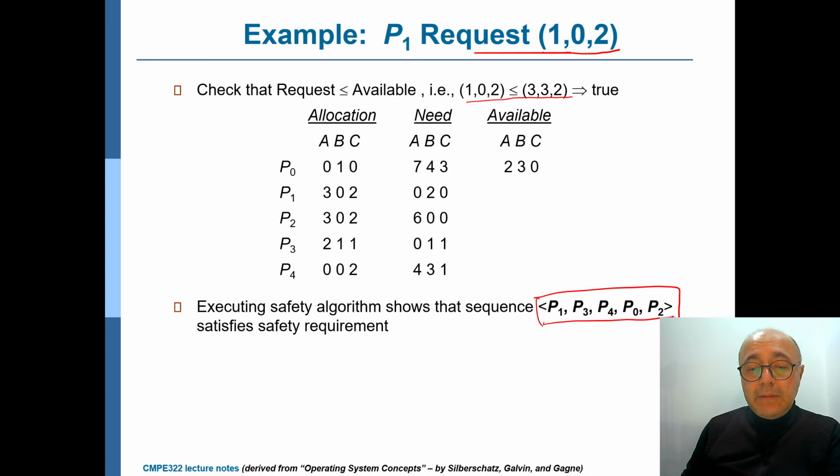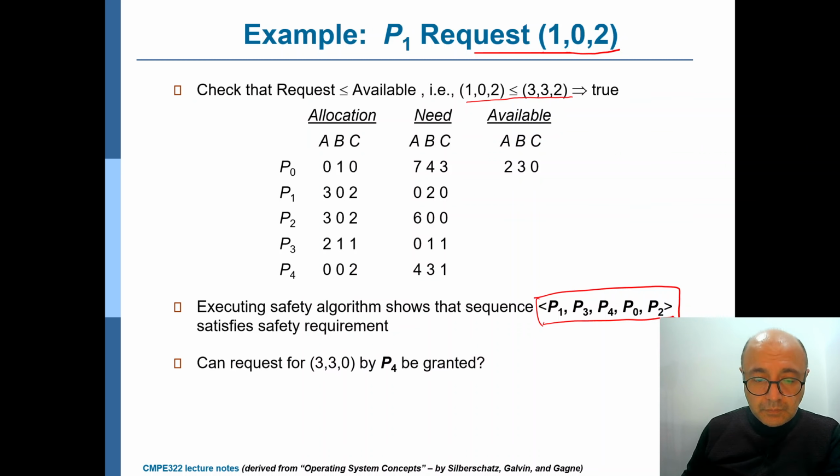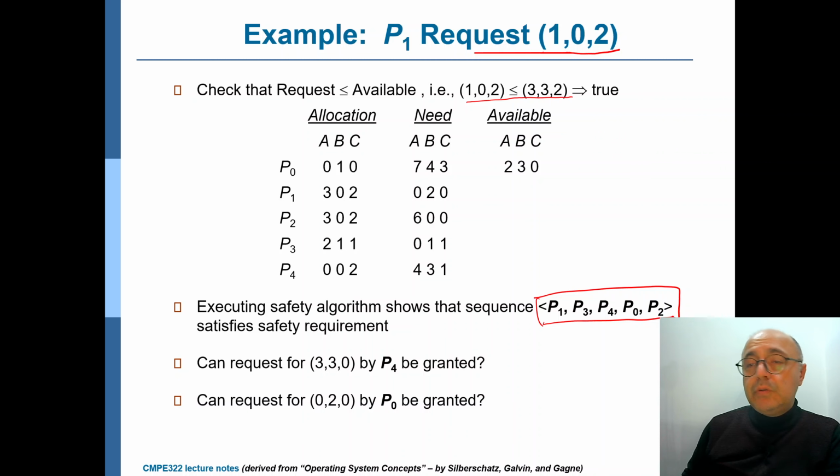Therefore, it's a safe step to take. So yes, we will do it. Just try as an exercise whether P4 can request 330 or P0 can request 020.